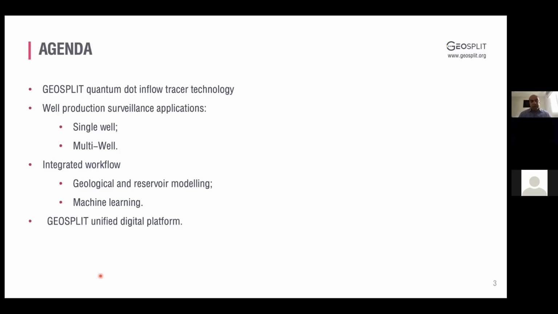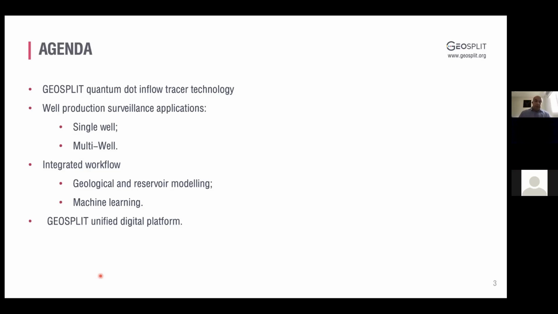I will touch base on what we are focusing on from the beginning of this year onwards, which is data-driven models and machine learning, where we are trying to give end users the ability to automate and better design the field development.